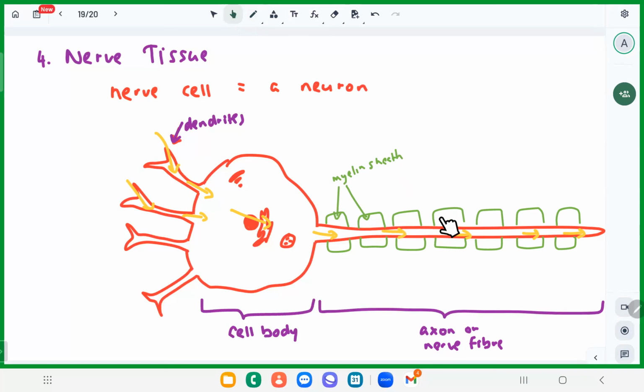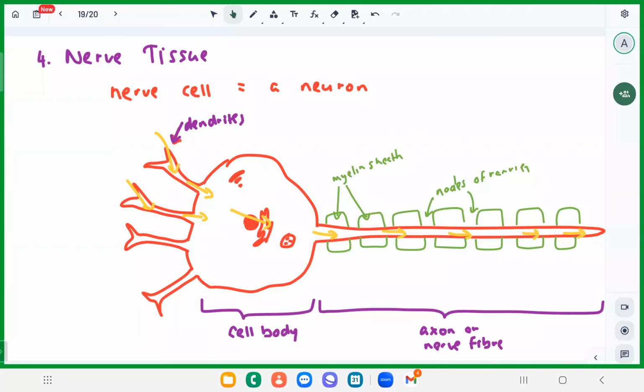There are gaps in it. Do you see these gaps in the myelin sheath? These gaps are called nodes of Ranvier, all right? And the myelin sheath, along with the nodes of Ranvier, helps to increase the speed of transmission of these nerve impulses.